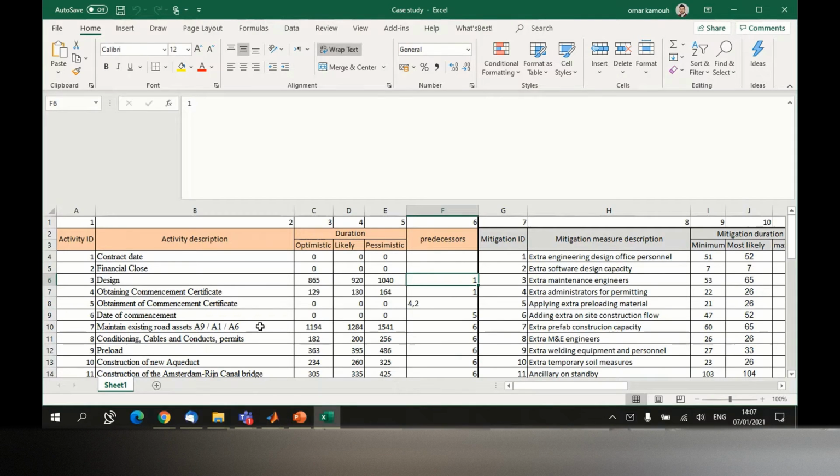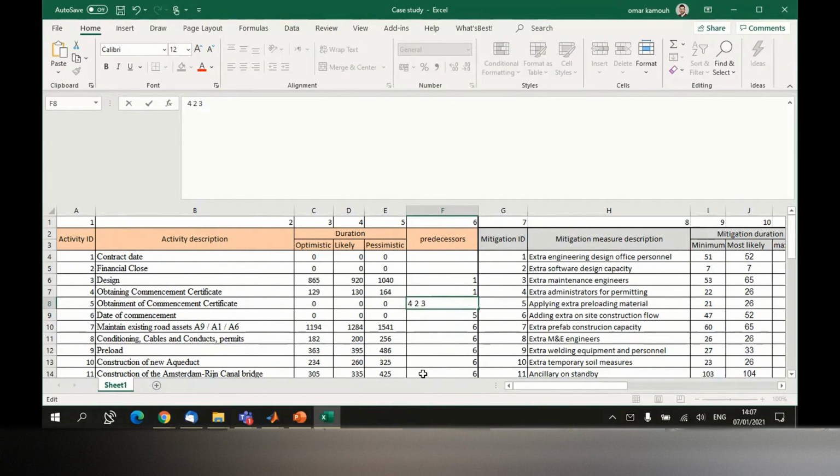And one activity can have multiple predecessors. So activity 5 is dependent on activities 4 and 2. You have to complete 4 and you have to complete 2 in order to start executing 5. And you can insert these activities with a comma between them or just with a space.